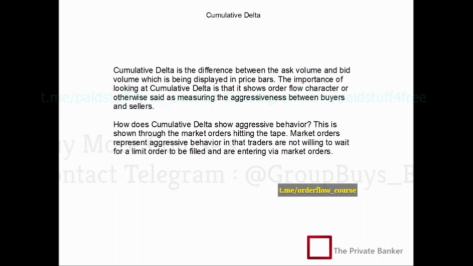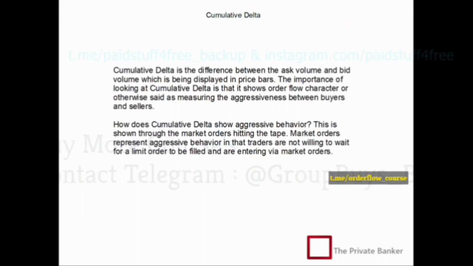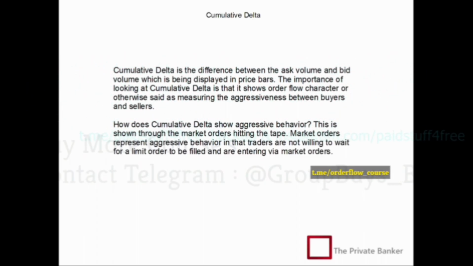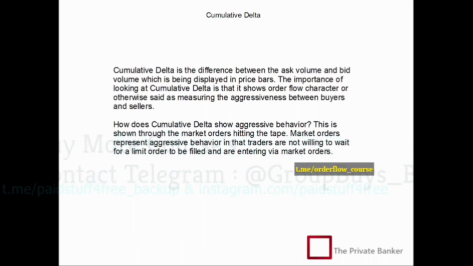So if someone is being very aggressive with entering the market and they don't want to wait for their limit to be hit, they're most likely going to enter the market via market order rather than just sitting around and waiting. They're fearing that they may not get filled on the limit order. So it represents aggressive behavior in that way.